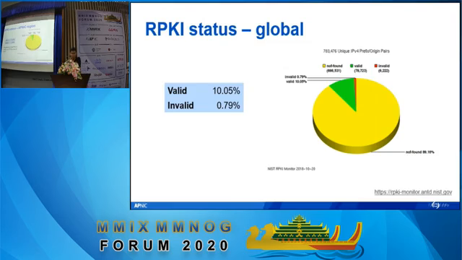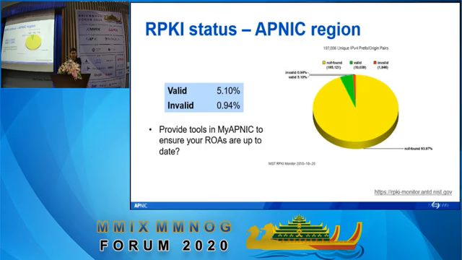In the APNIC region, we have around 6% of announcements that have ROA registered and around 1% showing as invalid. So for instance, if you're announcing a /22 on the routing table, but you have only registered a ROA for /24, that announcement actually becomes invalid.